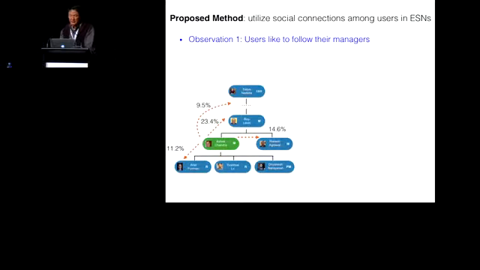The second thing is the observation that, because this is a social network, we can observe who follows whom, and there is a tendency that a person will follow their management. Although this is not 100% the case, generally, by analyzing data, you can see there is a high tendency.